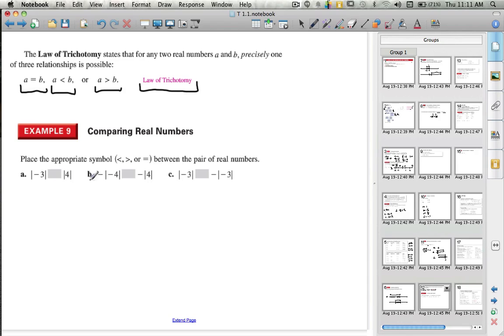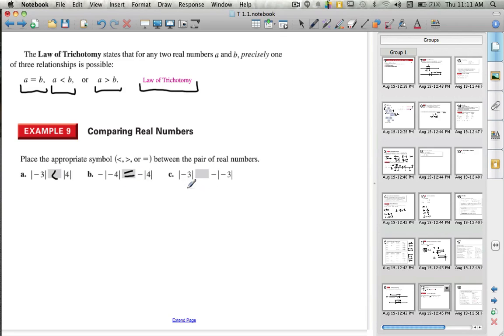So if we want to put the correct sign in, the absolute value of negative 3 is 3. How does it relate to 4? Well, it's less than 4. The absolute value of negative 4 is 4, and the opposite of that is negative 4, versus the opposite of the absolute value of 4, that's also negative 4, so those are equal.